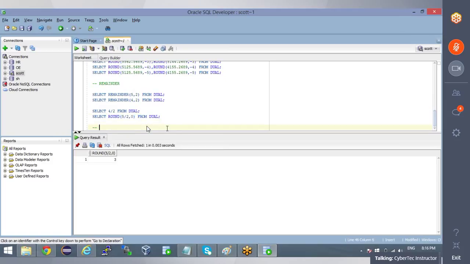Let's take a situation. Display ename, job, salary, incremented salary.